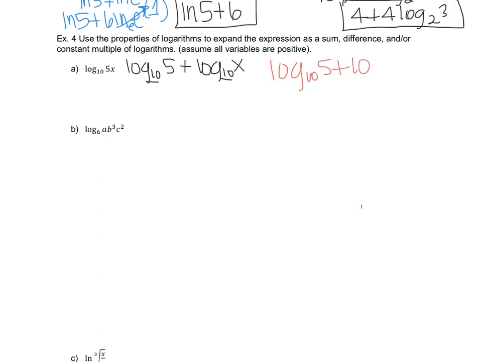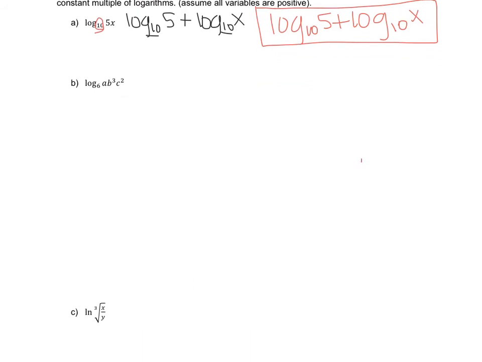So log of 5 plus log of x is how you would write your answer. Now notice they put the 10 here, but would they have to put the 10 there? They do not, because it is the given base for a log.